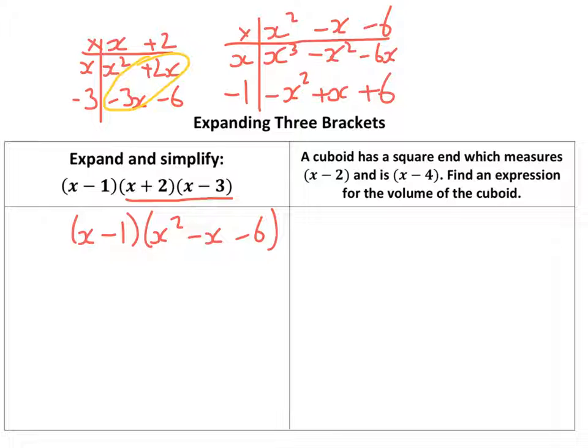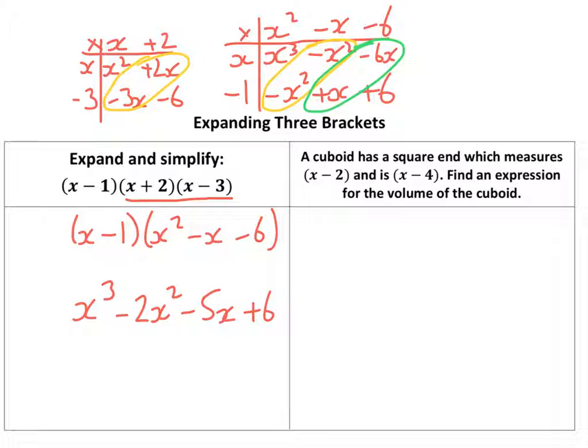And so therefore I'm going to simplify all of that. I get x cubed, I've got these 2 parts, which gives me minus 2x squared. And then I've got these 2 parts to simplify, which is going to give me minus 5x plus 6.